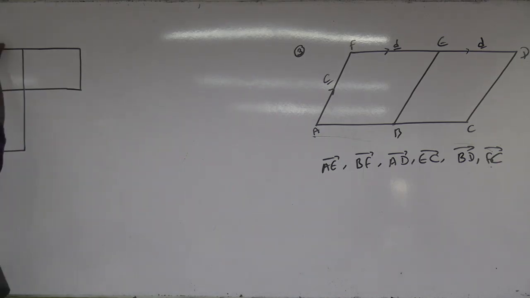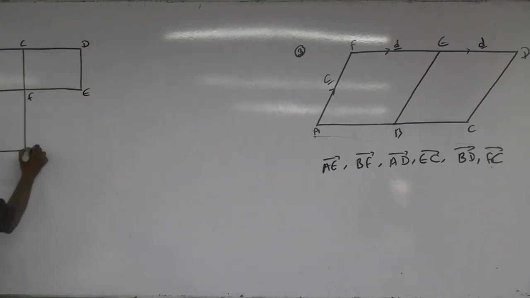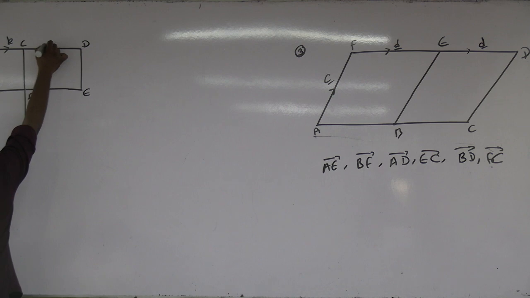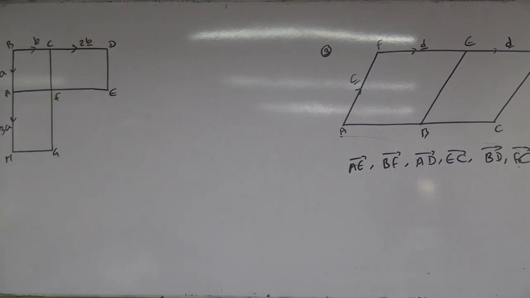Okay, this is A, B, C, D, E, F, G and H. This is A and this is 3A. This is B and this is 2B. Right.